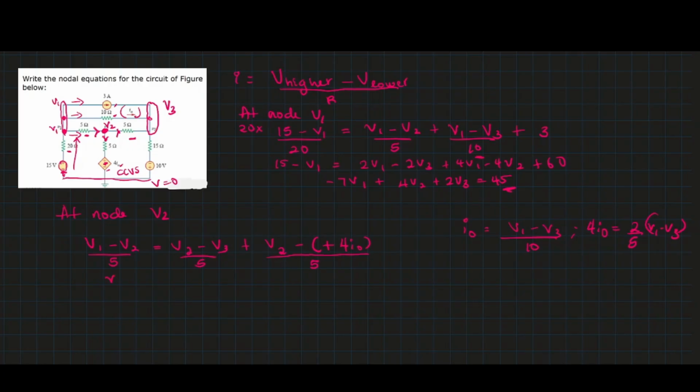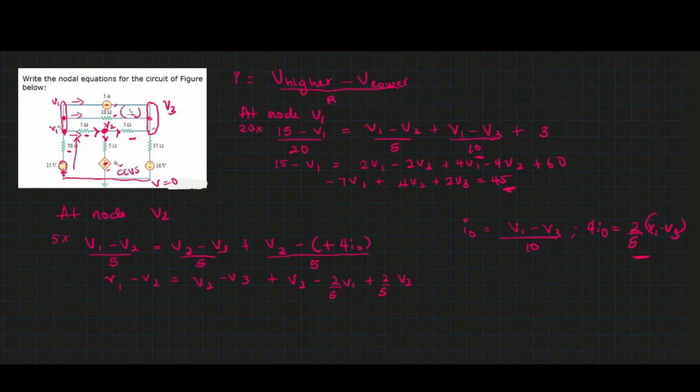Let's also multiply by 5, so you can easily simplify this equation. V1 minus V2 equals to V2 minus V3 plus V2 minus 2 over 5 V1 plus 2 over 5 V3 if you multiply this in.